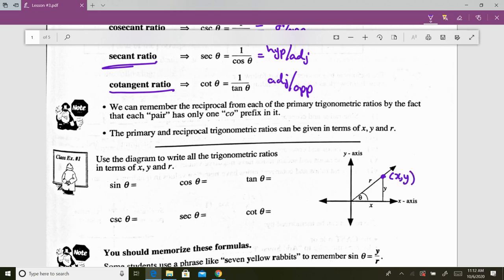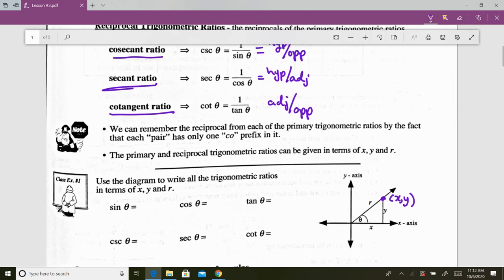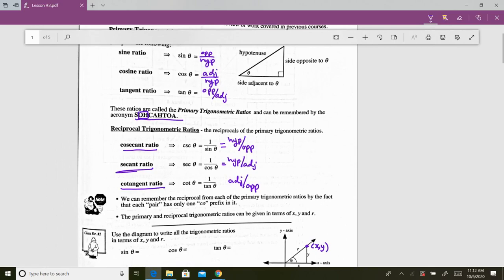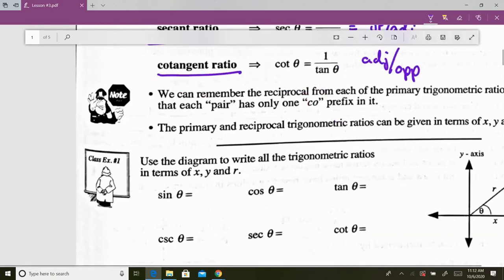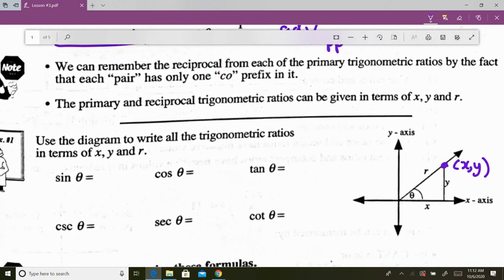I can write all of these in terms of X and Y. I never do. I usually just sketch it out and use the opposite over adjacent, but it's totally your call. So if sine, which we said was opposite over hypotenuse, this is your angle.